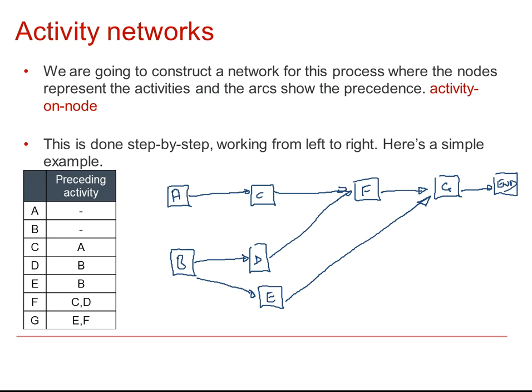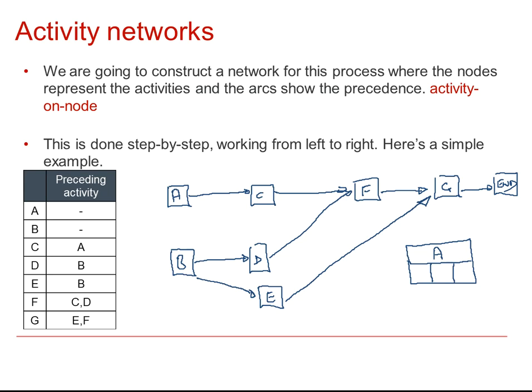Now when it comes to showing durations, which we'll look at in a second, the boxes are generally a little bit more complicated, so that instead of just a single box showing the actual name of the activity, the box is divided in this sort of fashion, where the activity is at the top. We then have 3 boxes underneath, the middle of which will show the duration.